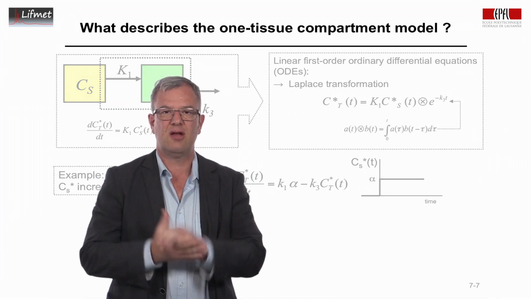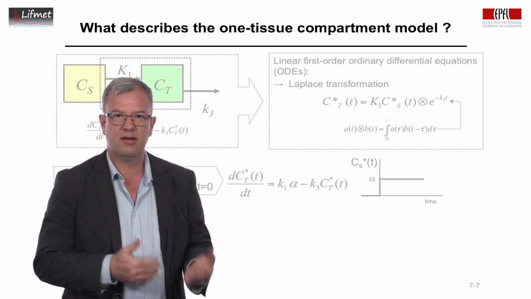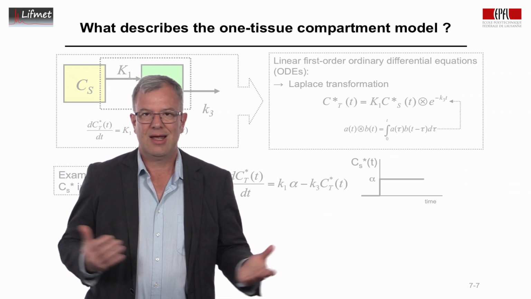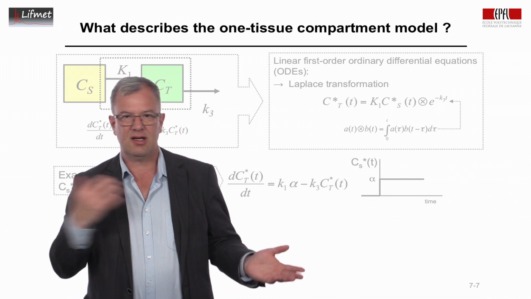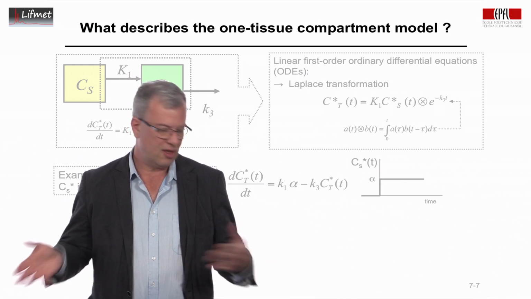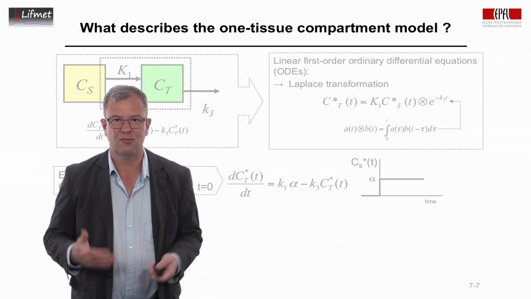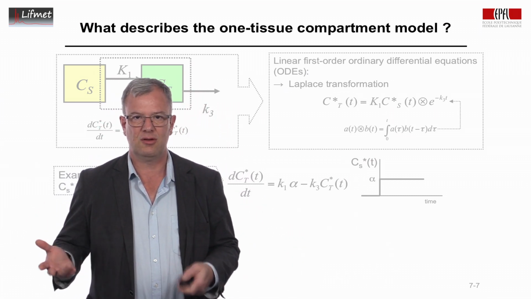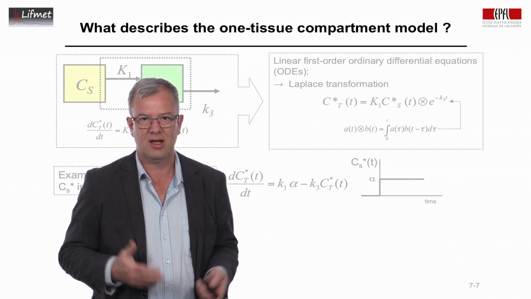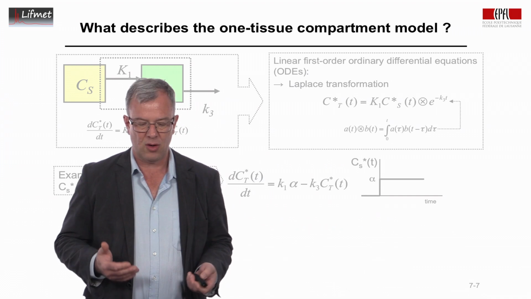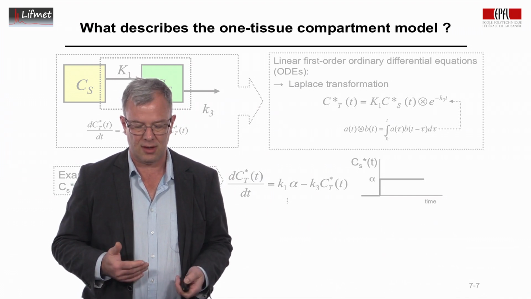On the left side we have the time derivative of a variable, Ct star, and on the right side we have the same variable. Typically when we have the derivative of a function on one side and the function on the other side, this means the derivative of the function is equal to the function times some constant. And the solution here therefore involves the exponent e to the minus something.